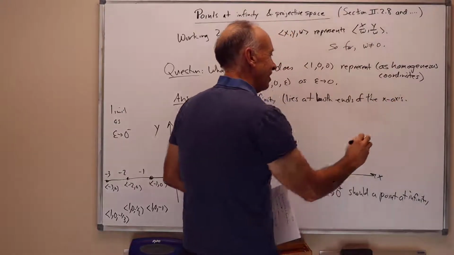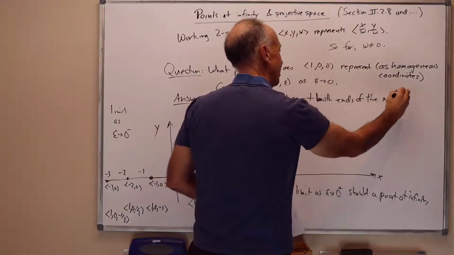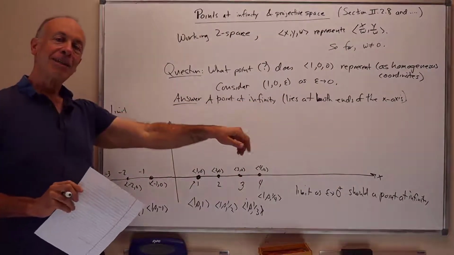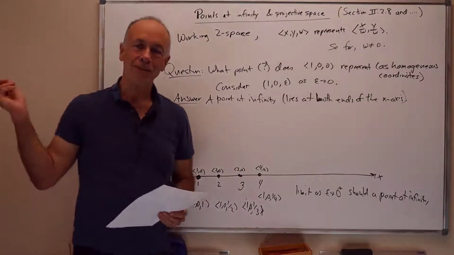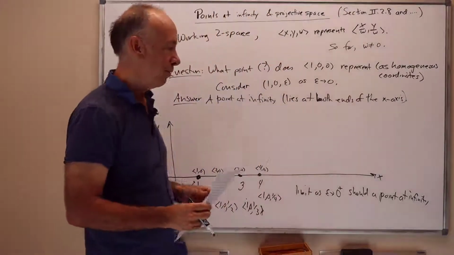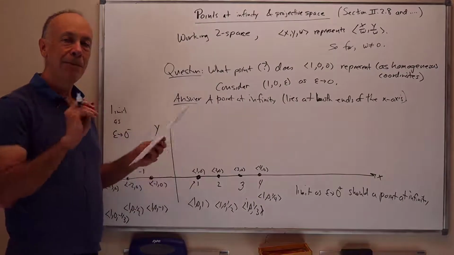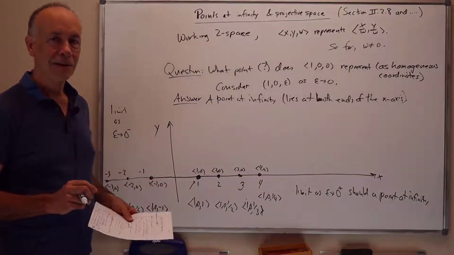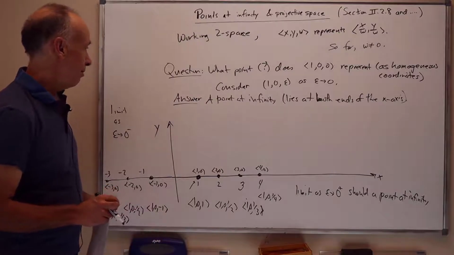So if you go out the x-axis all the way until you reach infinity, well, basically you wrap around and you get to the same point at infinity as you would have going out the negative x-axis all the way until you reach the point at infinity. The same point. So it's sort of wrapping around: the positive and negative x-axes are in the limit reaching the same point at infinity at both ends.